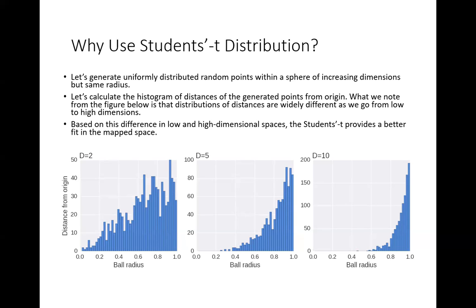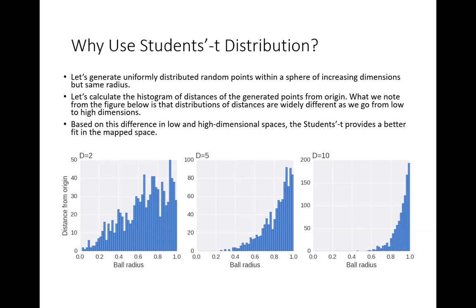It turns out that if we were to look at the histograms for our problems in the high dimensional space and lower dimensional space, after mapping or before mapping, using student t gives us a better matching with the resulting histograms.